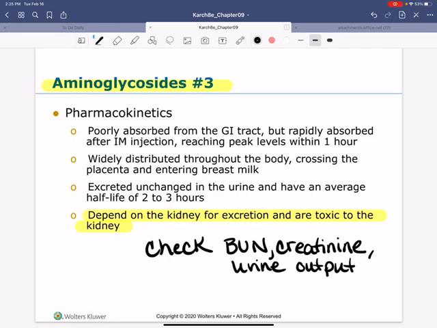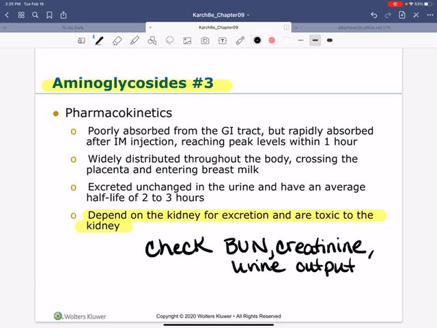All you need to know is that it's reserved for more serious infections. Whatever's highlighted are things that are just real important. So for the pharmacokinetics, you do not have to remember peak levels or absorption, but just know obviously that most drugs are metabolized in the liver. It's poorly absorbed from the GI tract, which is why there's not an oral indication for this medication. But IM injections work, and obviously IV.